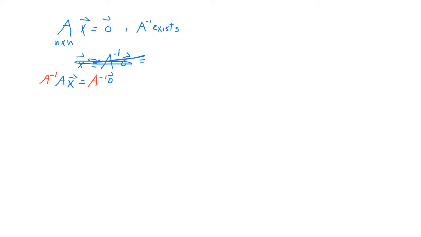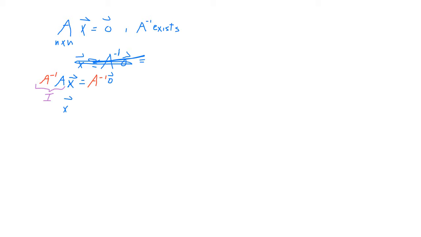Okay, but what does A inverse times A equal? What does A inverse times A equal, class? Good. That's right, Hung, the identity. So the identity times the vector x is just x.